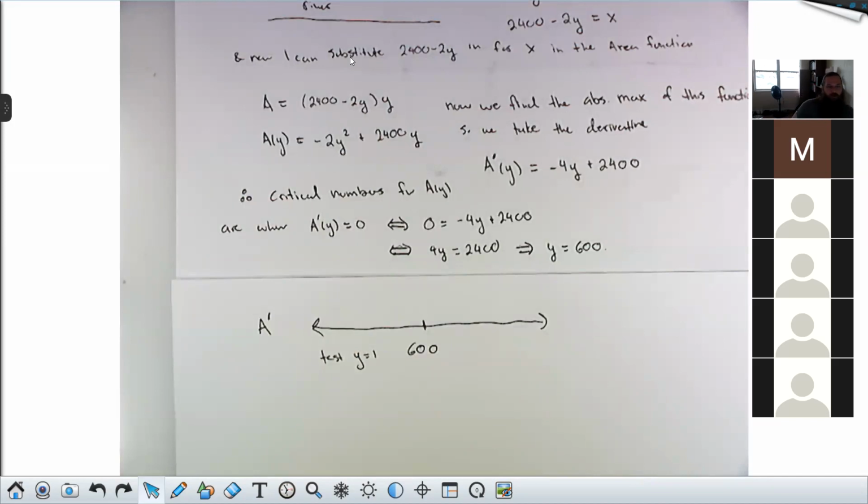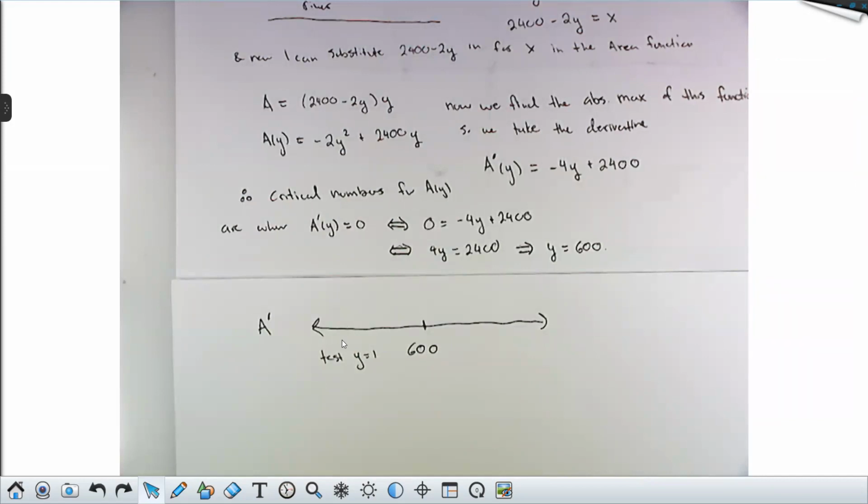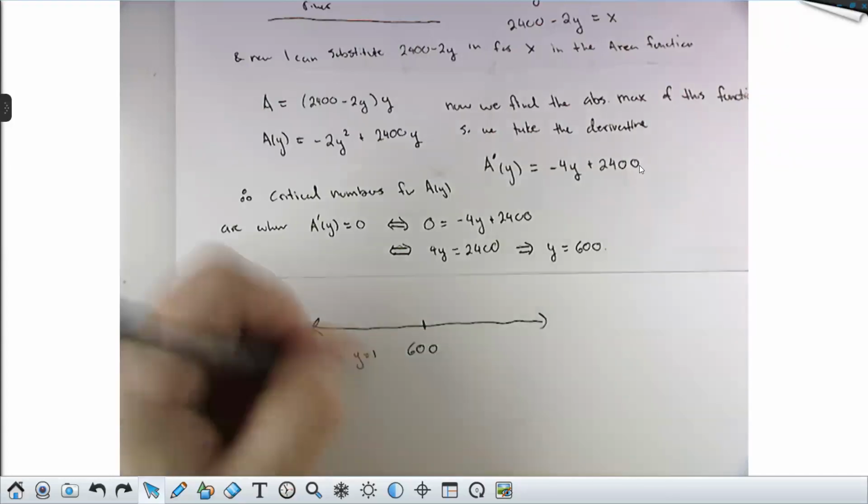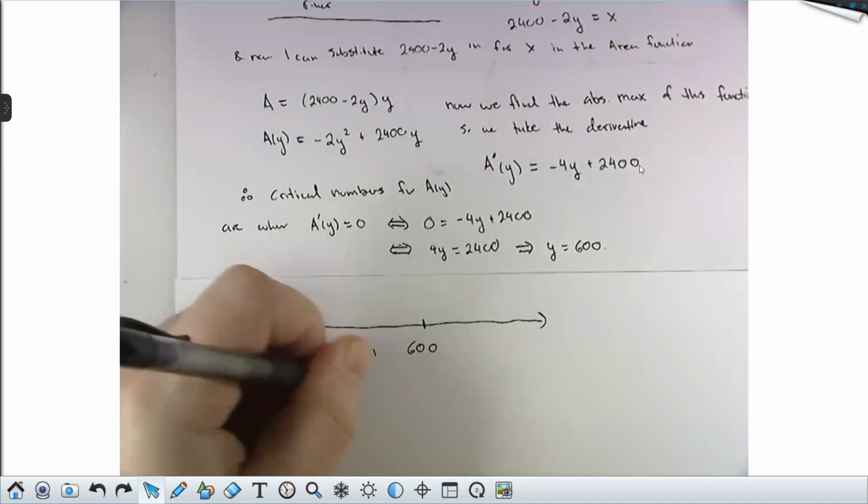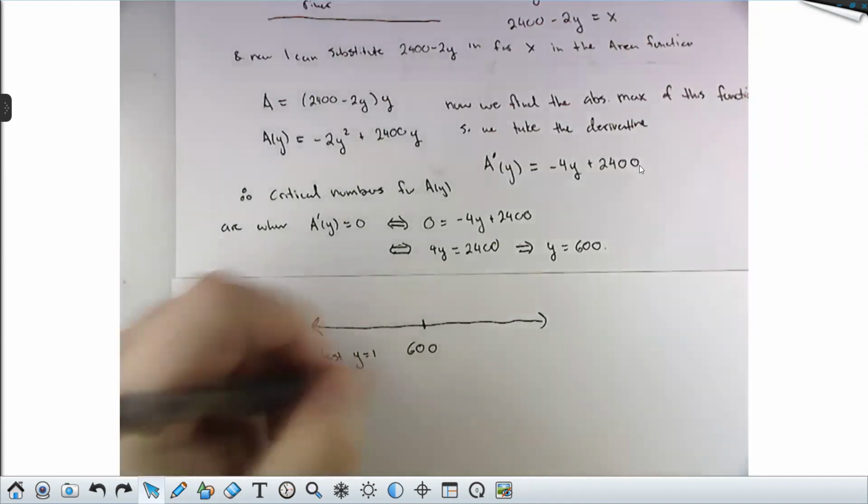You want to make sure whatever you're using for your test points are viable values for the variable in question in the real world problem. So I'll test y equals 1. If you plug 1 in for y here, you get 2400 minus 4. A prime of 1 is 2396.